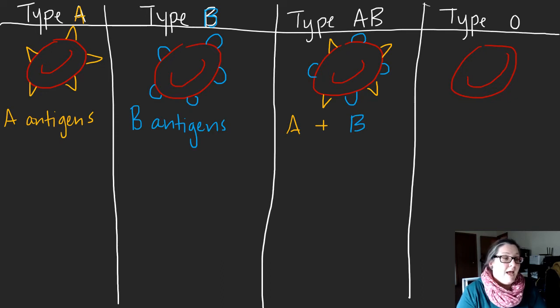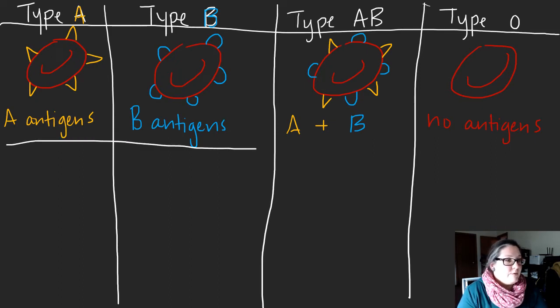And type O has no antigens on its surface. So let's think about the genotypes here. We've got our phenotypes, which are the production of the antigens, but the genotypes are slightly different.